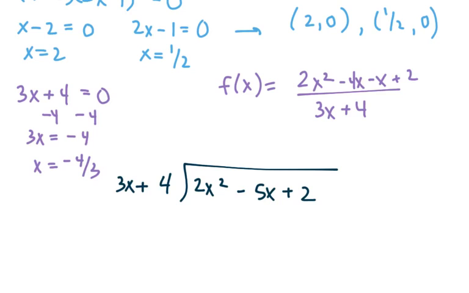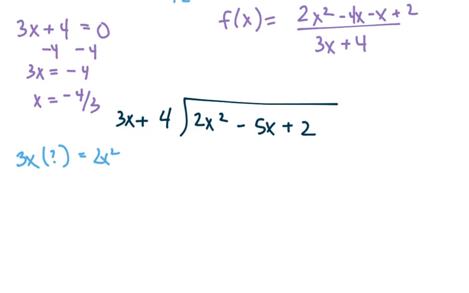Okay, so this one is just polynomial long division. What do we have to multiply 3x by to get 2x squared? That's what we're looking for. So obviously it's going to be an x, but it's also going to be a 2/3, right? 3x times 2/3 x is going to equal 2x squared because the 3's cancel.